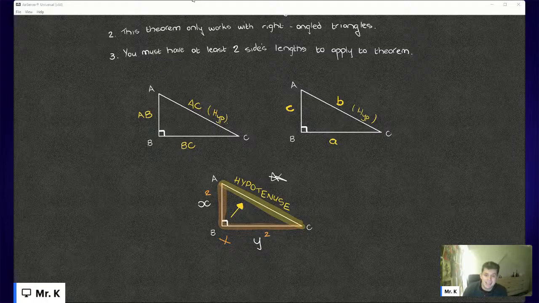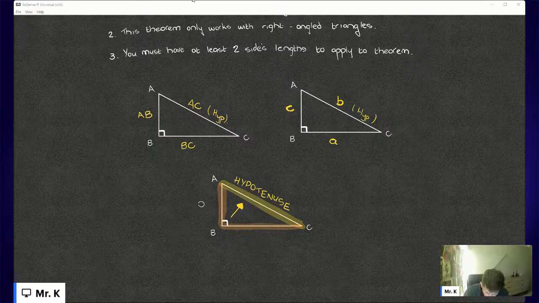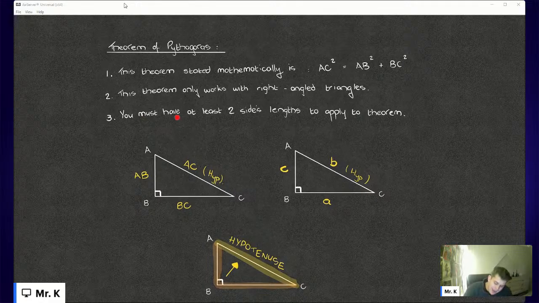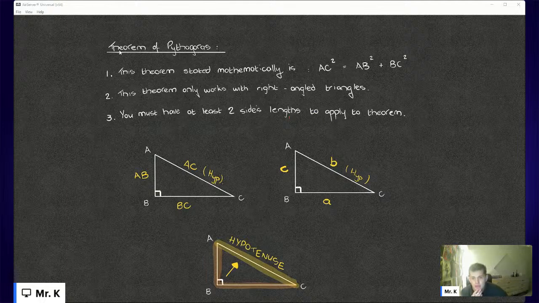So, what is this whole concept of the theorem of Pythagoras really for? It helps us to solve the missing length on a triangle, right? Now remember, earlier on I said to you that you must have at least two side lengths to apply the theorem. So only when there is one missing length on our triangle, and it is specifically a right-angled triangle, are we able to use the theorem of Pythagoras.